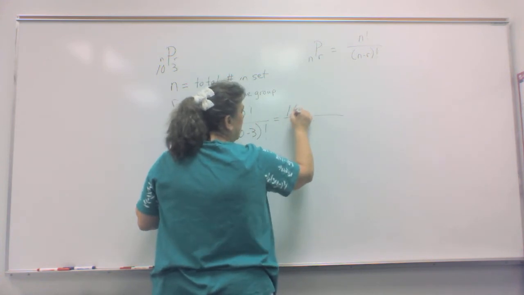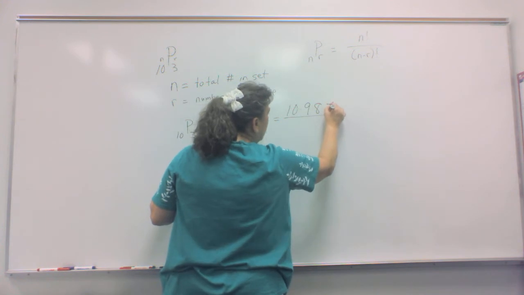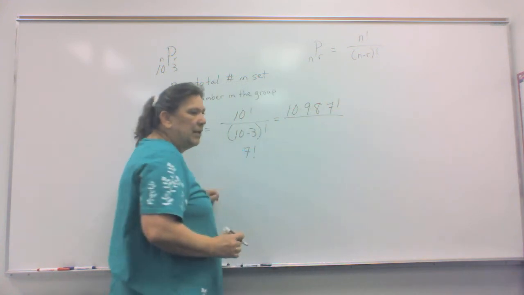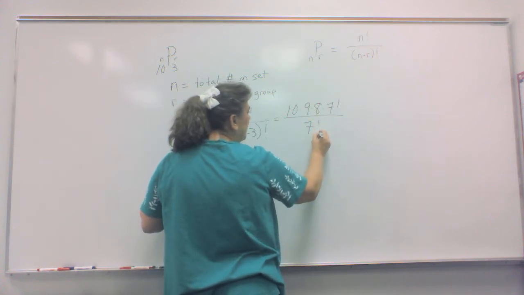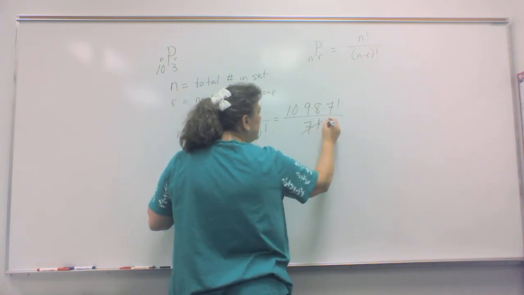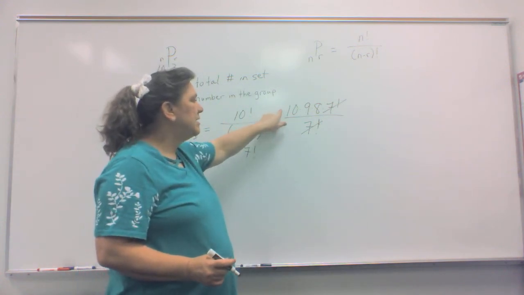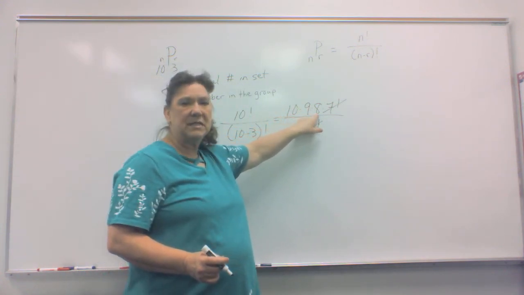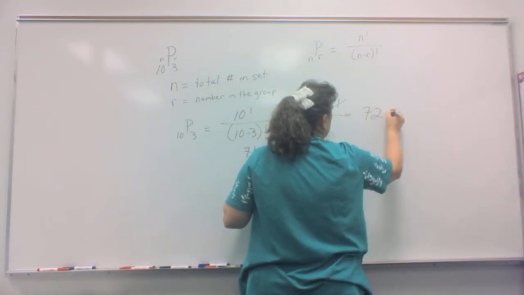You're going to go 10 times 9 times 8 times 7 factorial, and our denominator is that 7 factorial. So, 7 factorial cancels with 7 factorial, leaving me with 10 times 9 times 8, which is equal to 720.